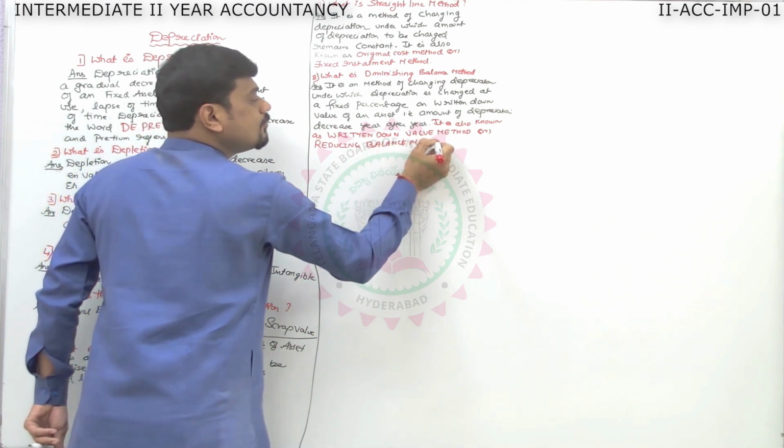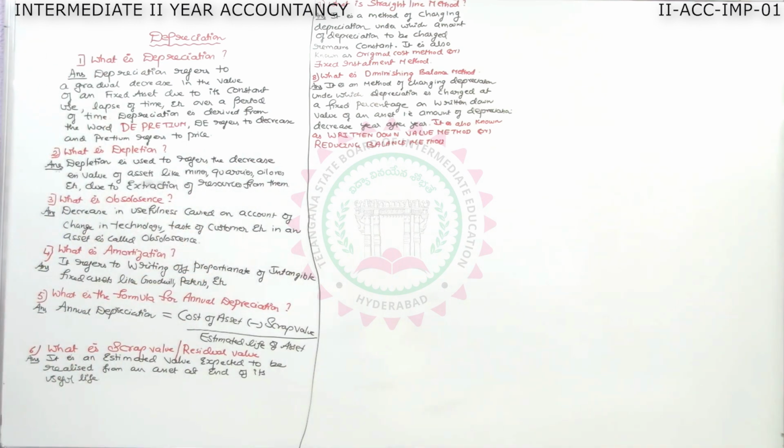Like this, in a simple version, if you read these 8 answers thoroughly, you are going to get 2, that is compulsory. So you can write 2 from this.